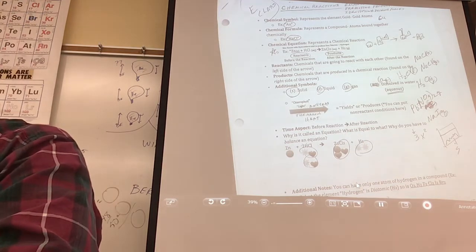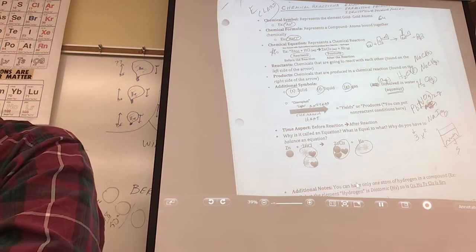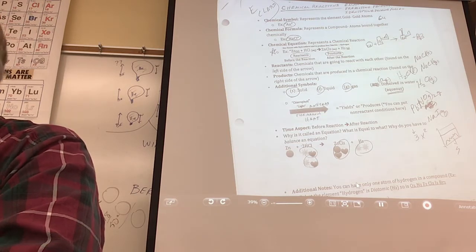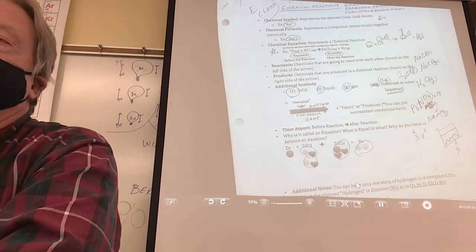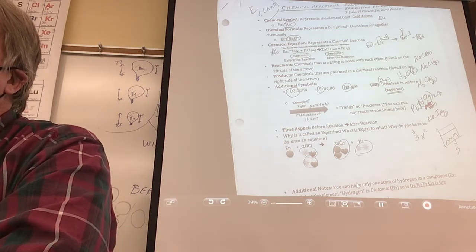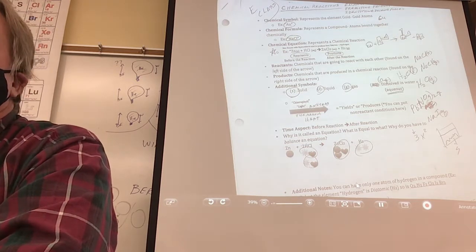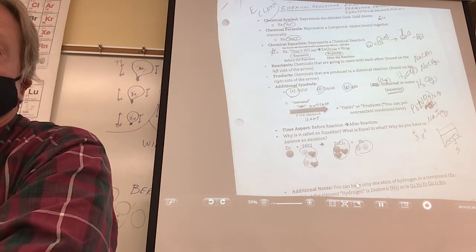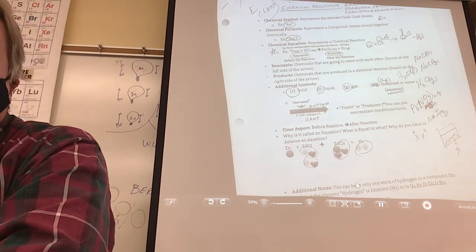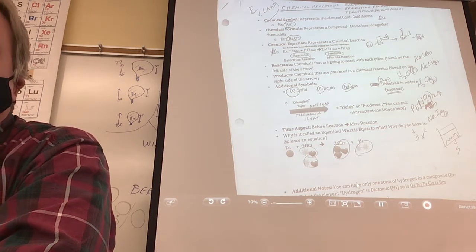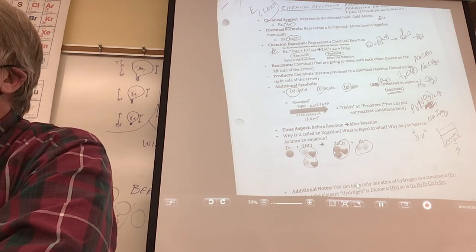Yes? I had a question about the symbols. Yep. Are you always going to have two aqueouses in a reaction? In this chapter, I might ask you to do it a couple times. In the next chapter, it becomes a little more important. No, I'm asking, in a chemical reaction, do you have to have one on each side of the arrow? One what, though? Aqueous.